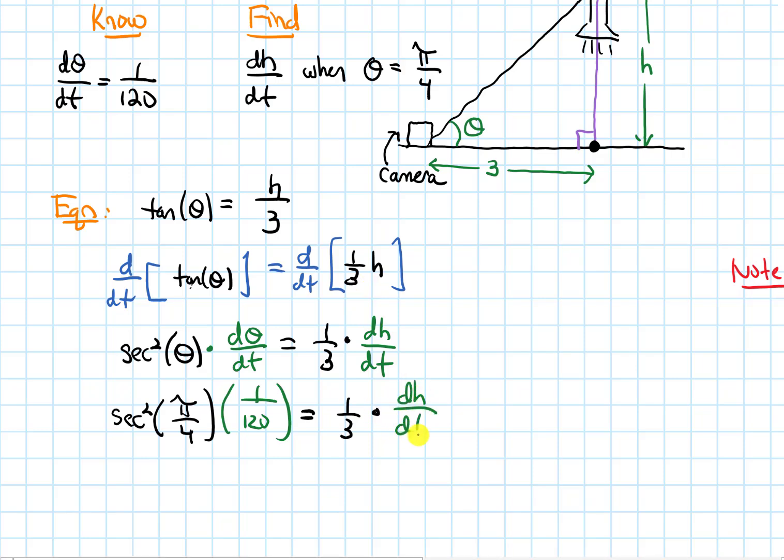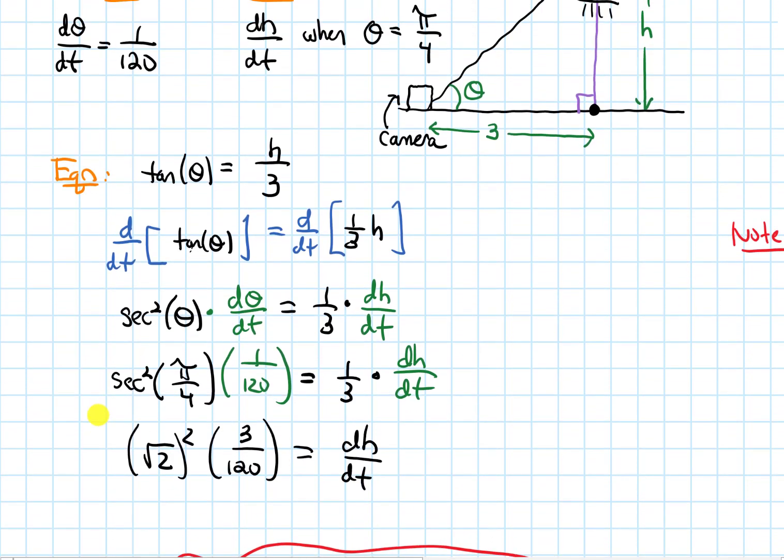If we work out secant of pi/4, maybe using the unit circle, it turns out secant of pi/4 is √2. So secant squared means take that value and square it, and we have that times 1/120. It would be helpful to multiply both sides by 3 to cancel that 1/3, so I'm going to put a 3 at the top of this fraction. That will be equal to dh dt.